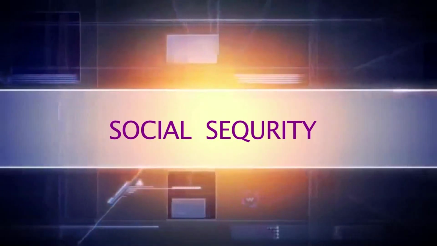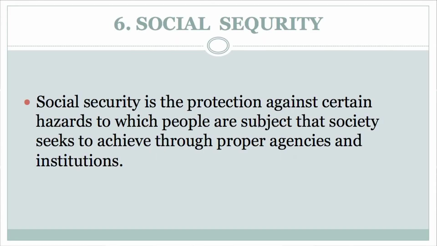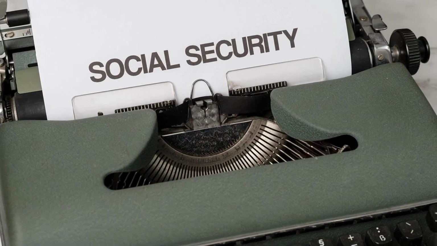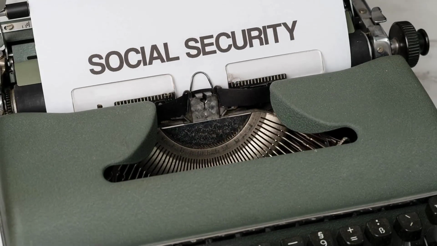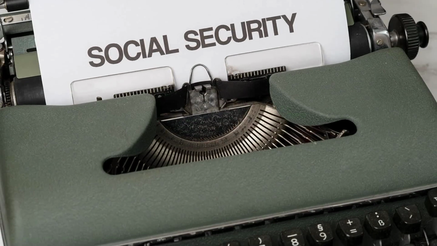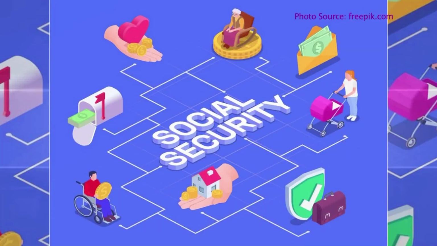Number 6. Social security. Social security is the protection against certain hazards to which people are subject that society seeks to achieve through proper agencies and institutions. One could describe it as a program of protection against all hazards of modern life, such as illness, unemployment, dependency in old age, accidents, and others.